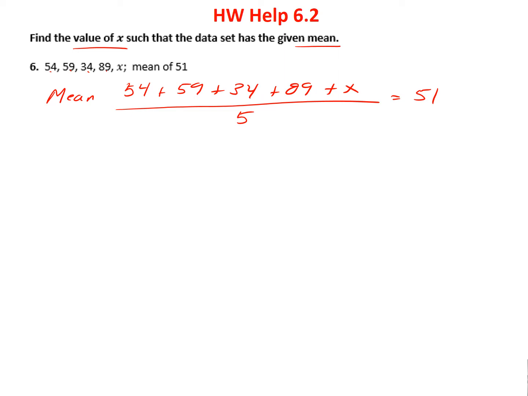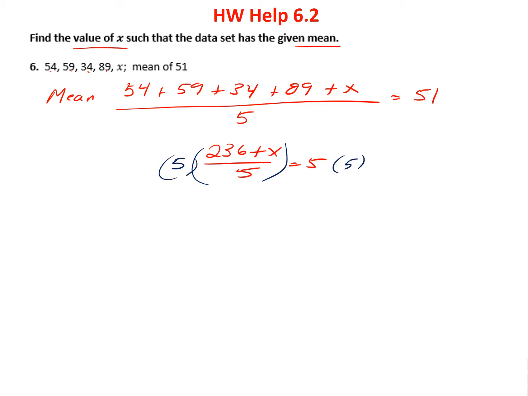First of all, let's add up 54, 59, 34, and 89. And we discovered that that's 236 plus x divided by 5 equals 51. Now let's get rid of the fraction by undoing divide by 5 by multiplying both sides by 5.